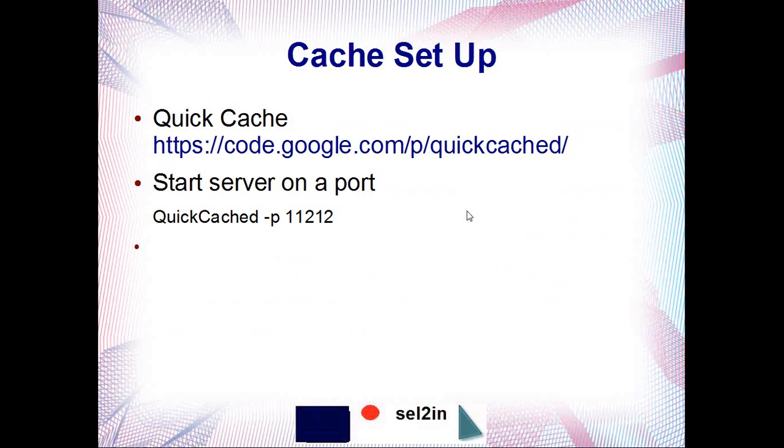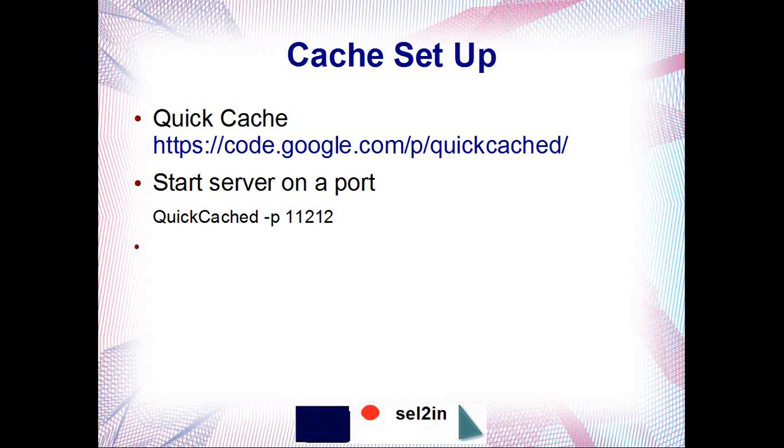Okay. So now I'm going to jump into a little code to help you folks see a cache in action in 10-15 minutes after this talk. So if you go to this and download Quick Cache, which is a memory cache implementation in pure Java, the only thing you require to run this is Java.